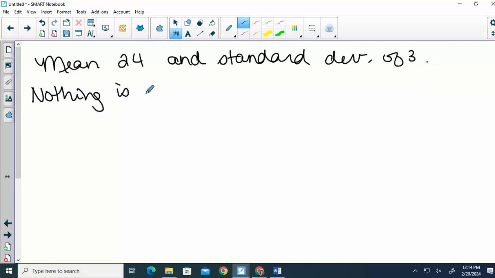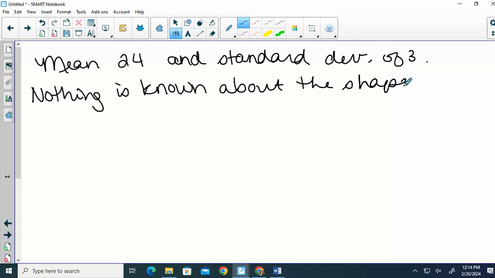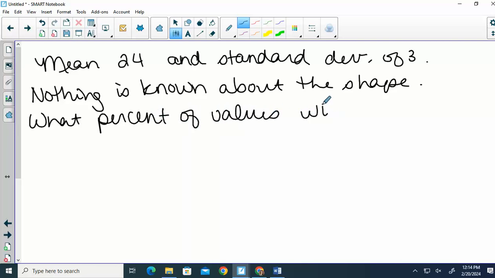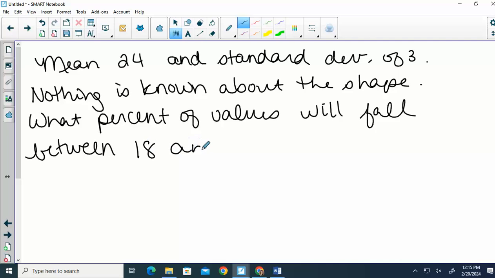Nothing is known about the shape. What percent of values will fall between 18 and 30?